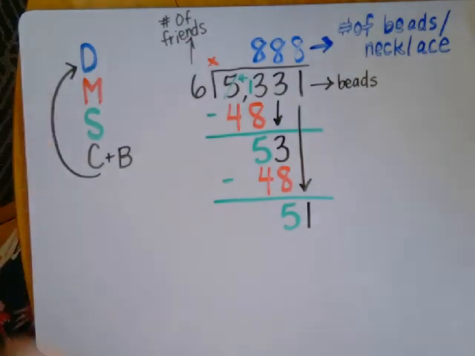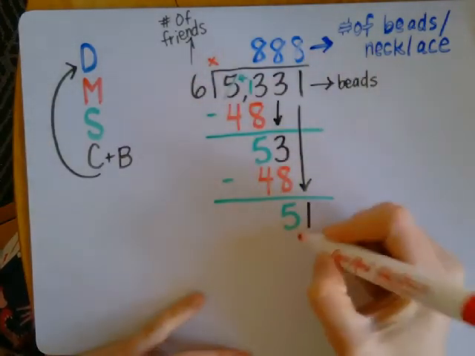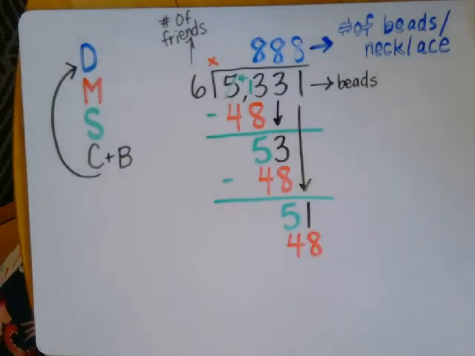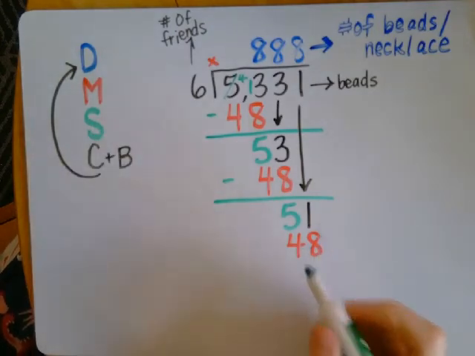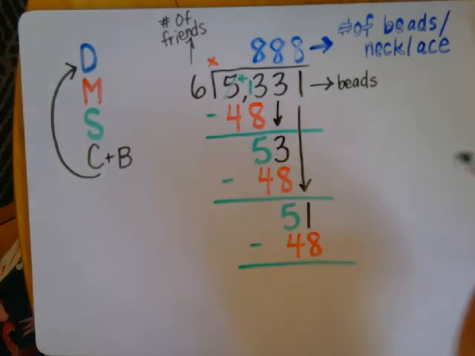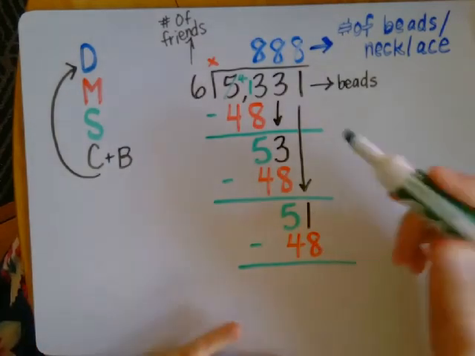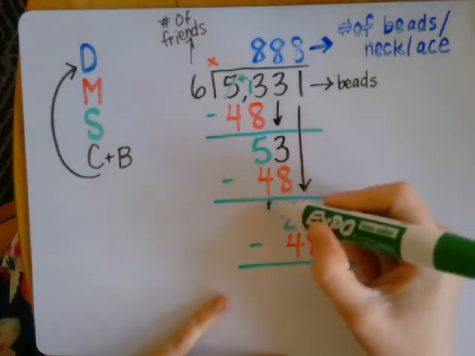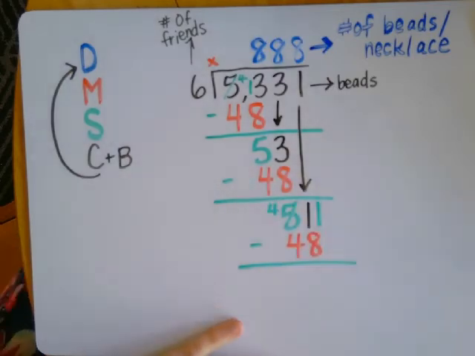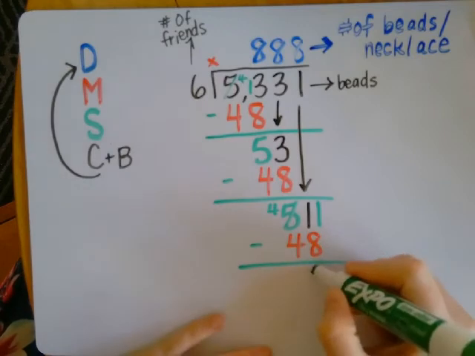Next, we multiply. 6 times 8 is 48. Next, we subtract 51 minus 48. So I cannot subtract 1 minus 8, so I need to borrow from the tens place. 11 minus 8 is 3.